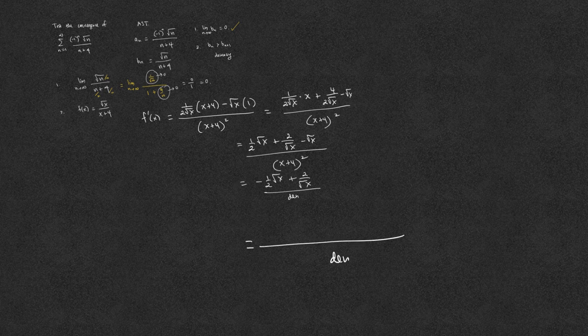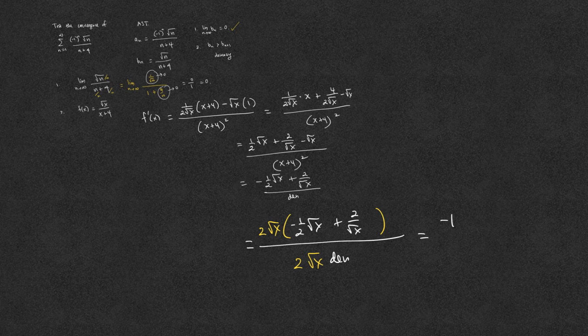The numerator has a common denominator of the square root of x, so we would multiply the square root of x over the square root of x. It also has the denominator 2, so we would multiply 2 over 2. Inside this parenthesis is negative 1 over 2 root x plus 2 over root x. This is now 2 times negative 1/2 is negative 1.